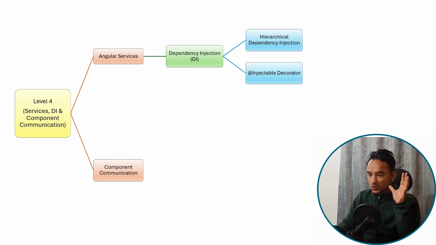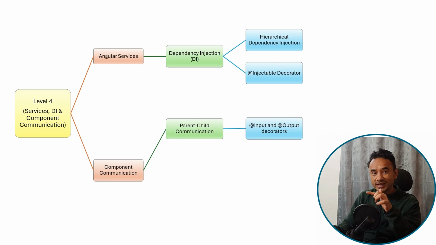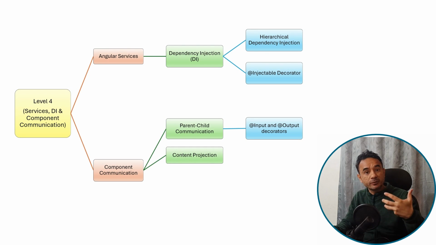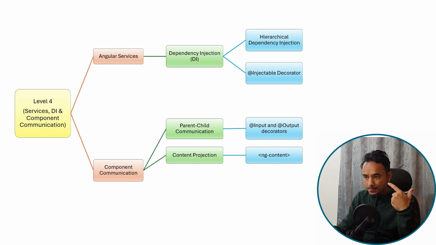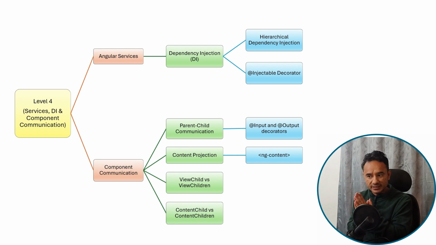Okay, so here you have to learn how to pass data between parent and child components using the Input and Output decorators. This is the simplest approach. Then slightly advanced, you will explore content projection with ng-content to pass the content. Finally, explore ViewChild versus ViewChildren and ContentChild versus ContentChildren comparisons.